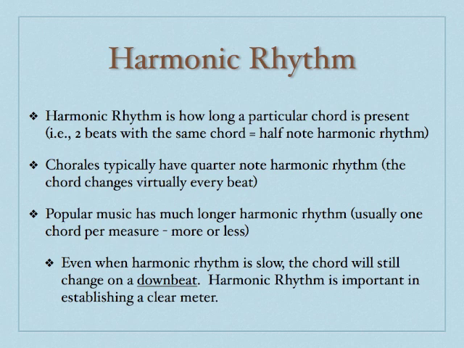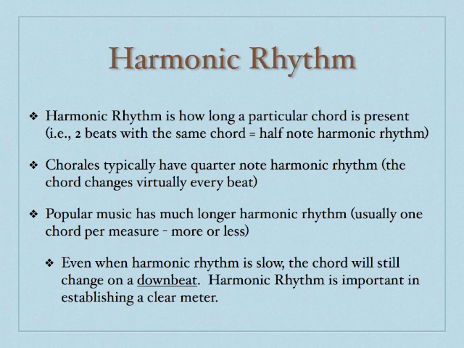Harmonic rhythm is how we describe how long a chord is being held. So if a chord is held for 2 beats, then we say that it has a harmonic rhythm of a half note. And typically chorales, church chorales and Bach chorales and things like that, have a short harmonic rhythm. You change chords for every beat.